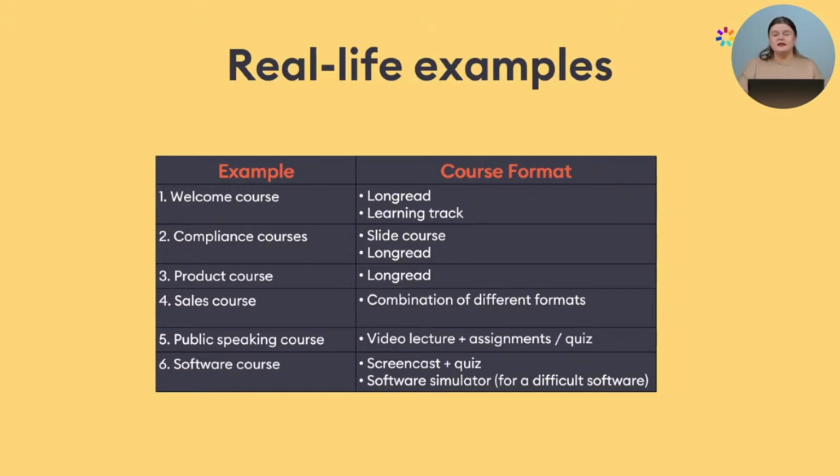Software-related courses typically utilize screencasts and quizzes to provide this hands-on experience, with complex software benefiting from simulators for practical training. In summary, understanding the content and learning objectives is key to selecting the most suitable course format.